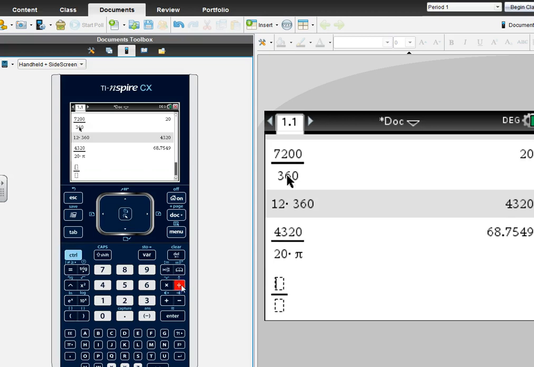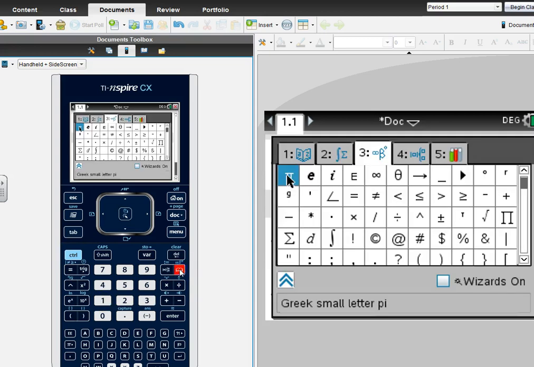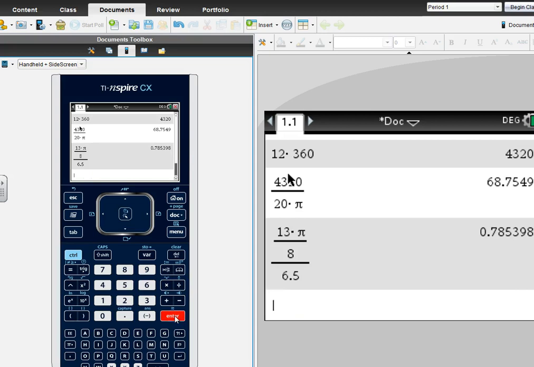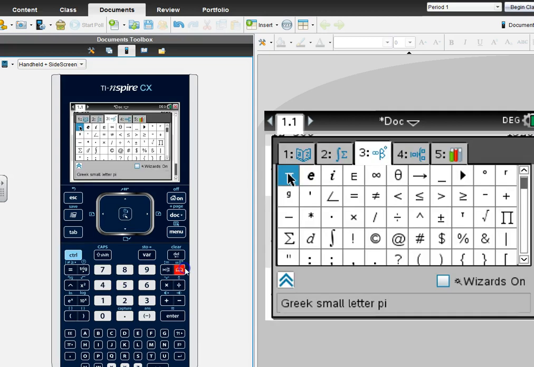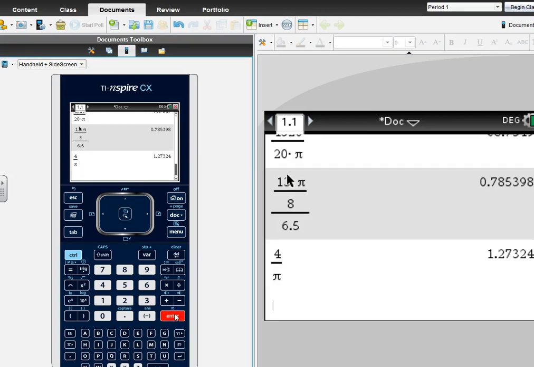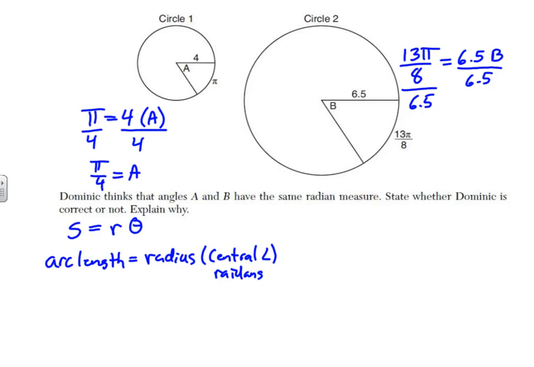So put in our fraction template, 13 pi over 8 divided by 6.5, okay, comes out to that number. Now, the other one was pi divided by 4.